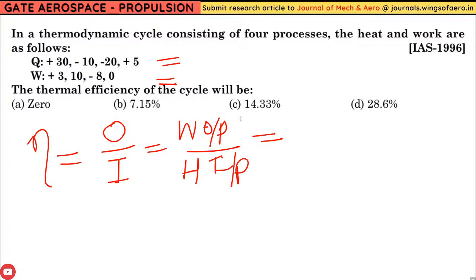Option D, 28.6%. Yes. How did you get it? Only plus 10 is considered for the work output. Sorry, the 10 one is a mistake. See, this is the biggest sin.